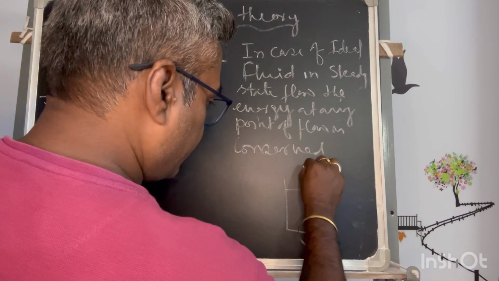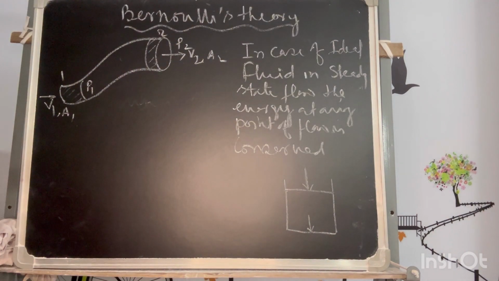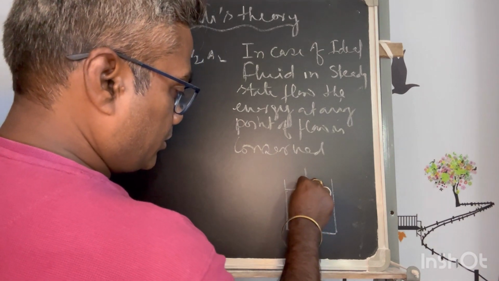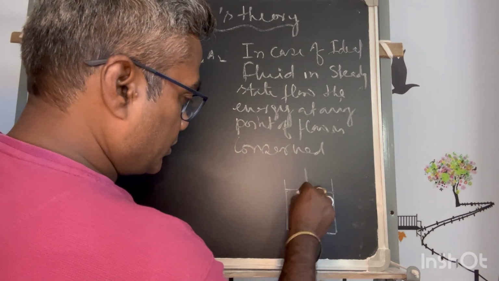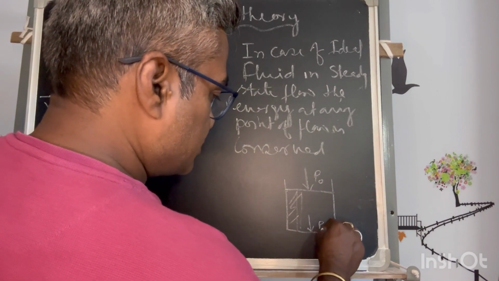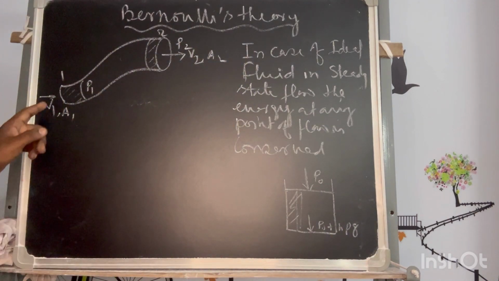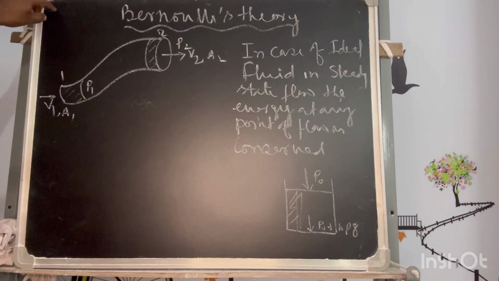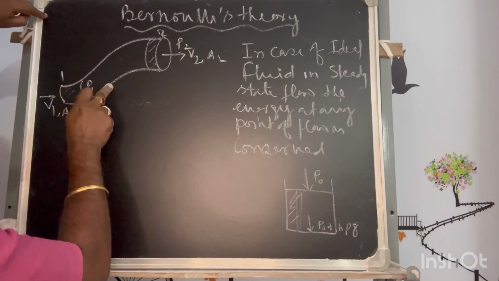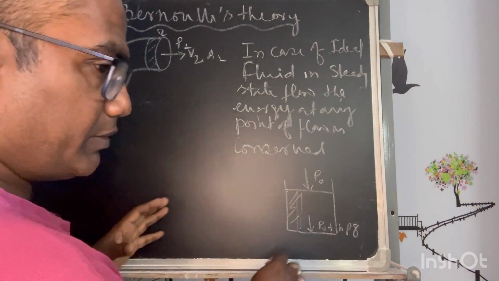In the case of a static fluid, the pressure here and the pressure here have a difference, and this pressure is caused by this fluid column. The pressure is P0 here, and here it is P0 plus H rho G. Now the pressure here, with respect to where the fluid is coming from, can also be created by a machine.